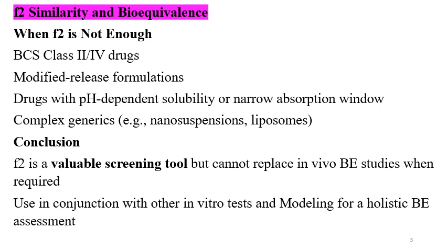Whenever the formulation contains a drug substance belonging to BCS class 2 or 4, which are insoluble or poorly soluble, and may be highly or poorly permeable. For some modified release formulations, F2 may not be enough, and for drugs with pH dependent solubility or a narrow absorption window, you cannot predict the in vivo response by the in vitro test and the F2 calculation.